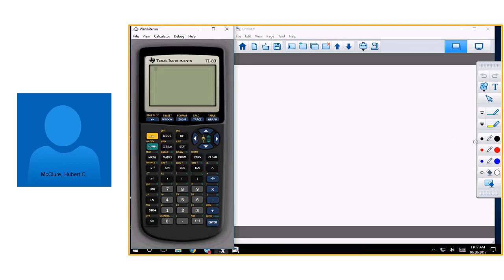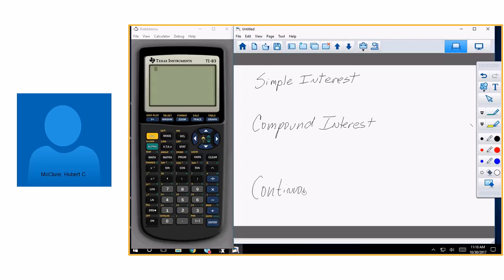So the two formulas so far, or three formulas, is simple interest, compound interest, and continuous interest. Simple interest is kind of like taxes.